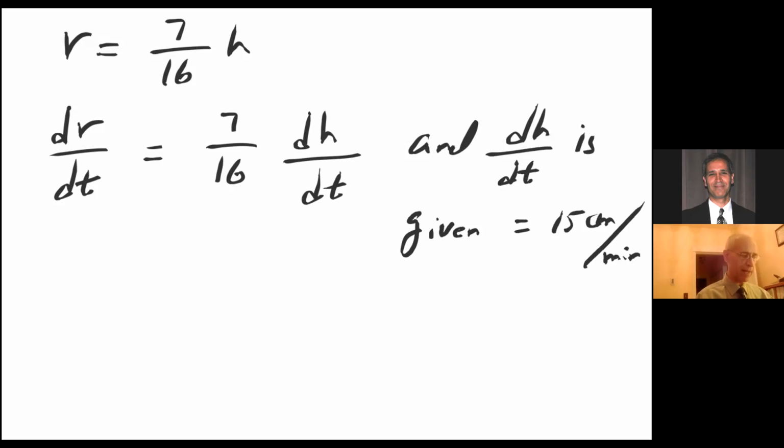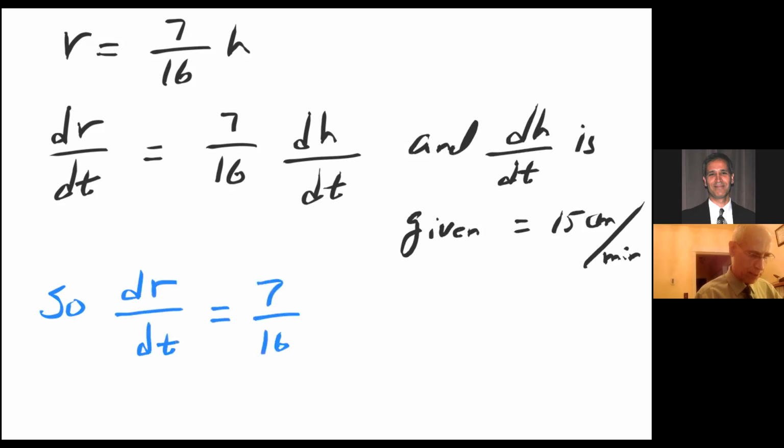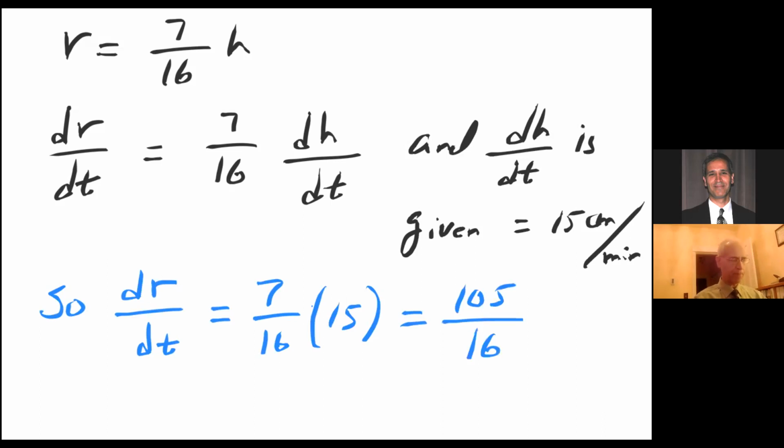The problem gave us that. So dR/dt equals 7 over 16 times 15, and that gives me 105 over 16. And of course, the unit is centimeters per minute.